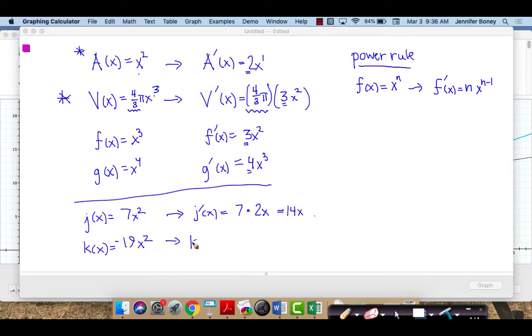For this k of x, if I wanted to find its derivative or rate of change function, it'd just be negative 19 times the derivative of x squared, or negative 19 times this 2x. So negative 38x.